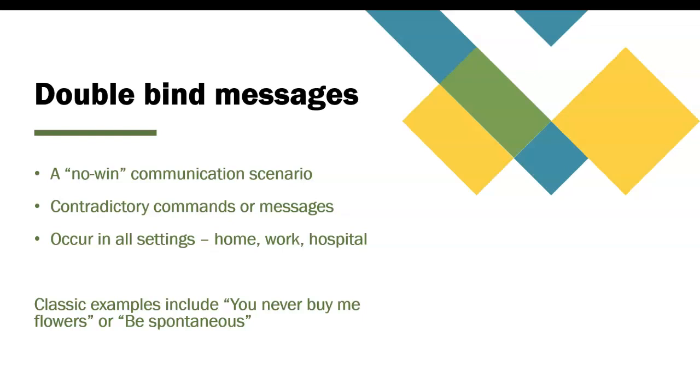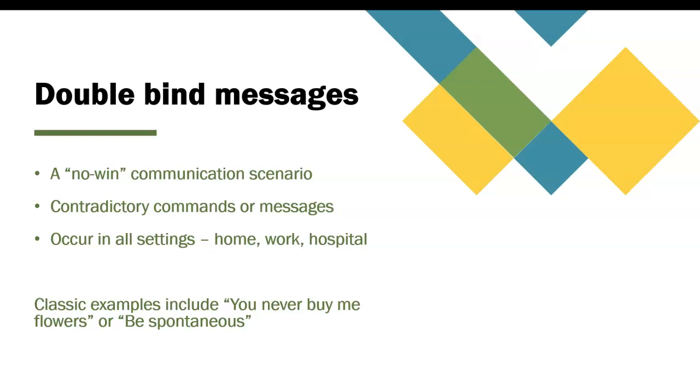Something that you will run across in discussions of communication is a situation known as a double bind. This is different than the double blind term that you'll run into in evidence-based practice. Double bind is basically a situation where somebody puts you in a no-win situation.